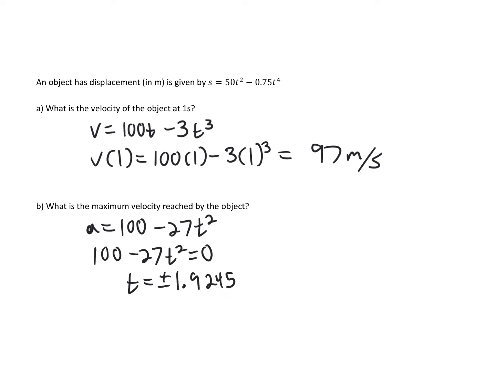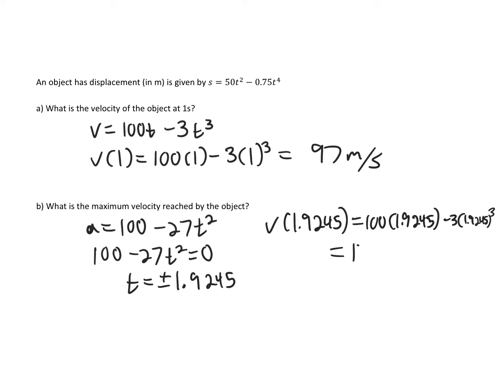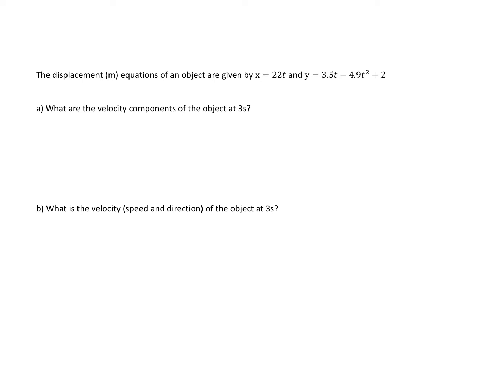But the negative really doesn't make any sense. We always usually think of time as a positive number, so we're only going to look at the positive value here, and we're going to evaluate the velocity at that positive value. Giving us 171.07 meters per second.